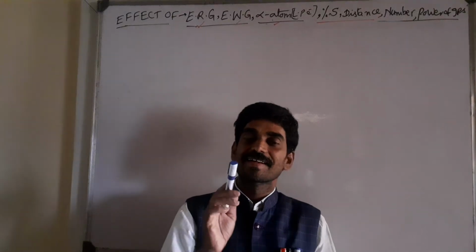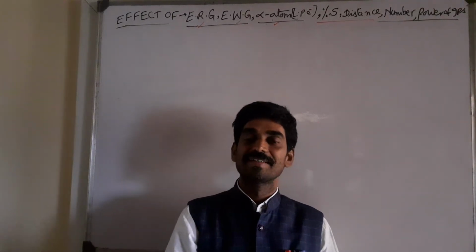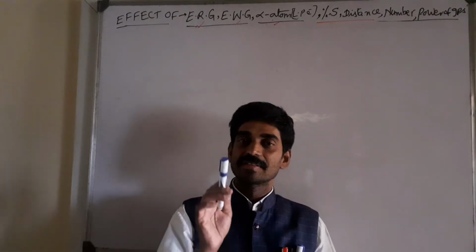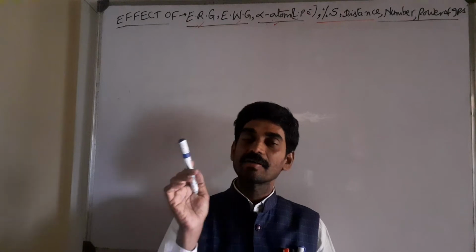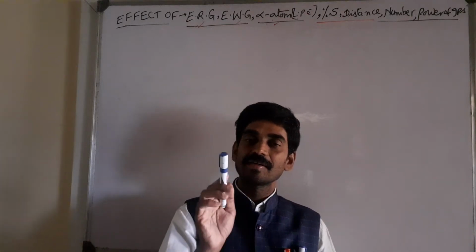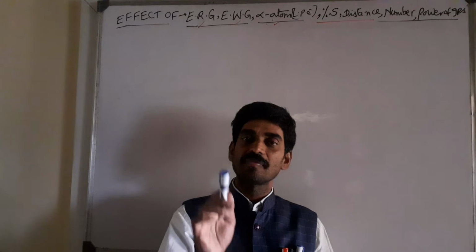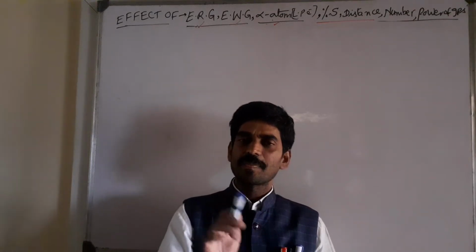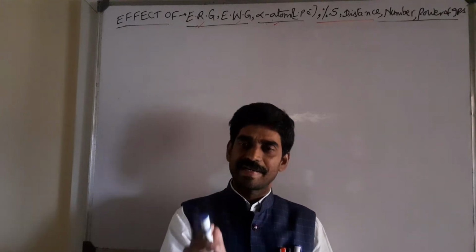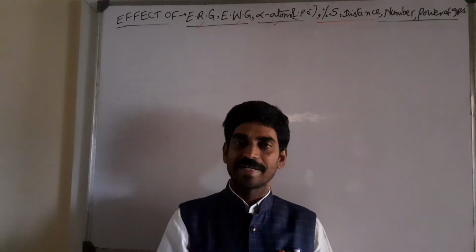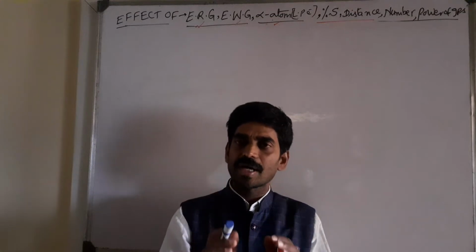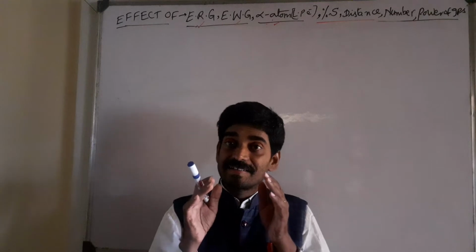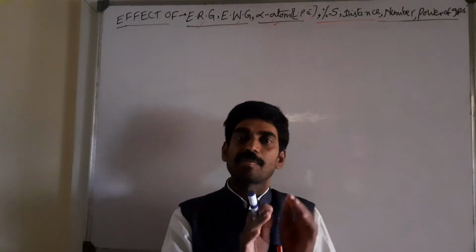Hi students, now we are going to discuss the stability of different carbocations that are influenced by electron releasing groups, electron withdrawing groups, presence of alpha atoms with respect to the carbocation, the percentage of s orbital character with respect to the carbocation, then the number of groups, the power of the groups, and the distance of the groups from the carbocation.